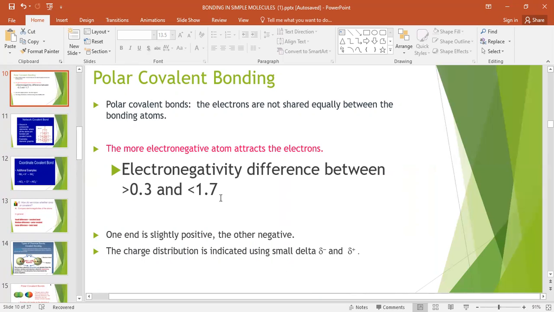Any question about polar and non-polar? We need a value to decide whether it is polar or non-polar. We have already two differences: equal and unequal, same atom and different atom.